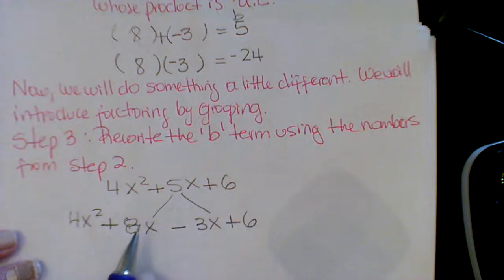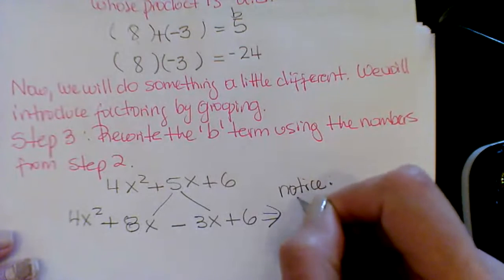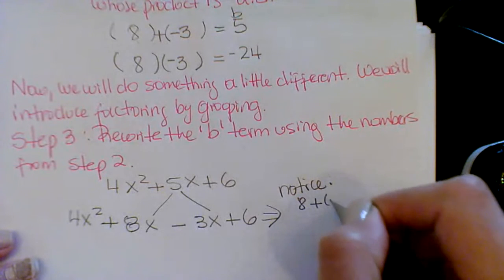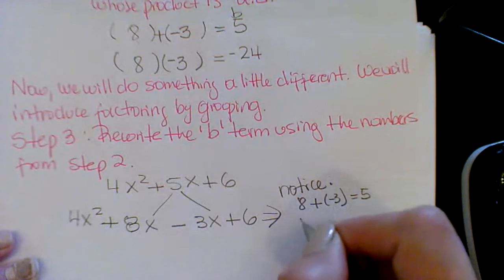So this one, we're going to rewrite in 2 terms. And notice that 8 plus negative 3 is what? 5.